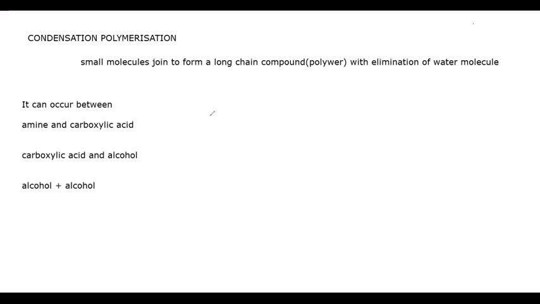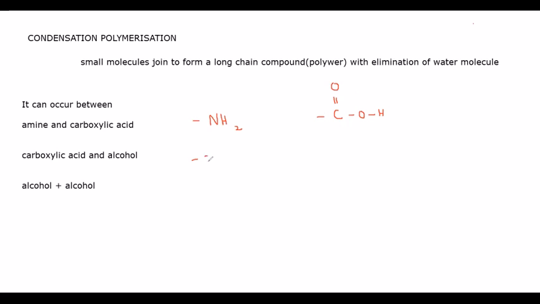Amine means here NH2. So if one molecule contains NH2 and another molecule contains carboxylic acid, they can form a condensation polymer. How it can form, that I will explain. But first, you can identify from the structure whether they can form a condensation polymer or not. So if one molecule contains amine and another contains carboxylic acid, they can form a condensation polymer.